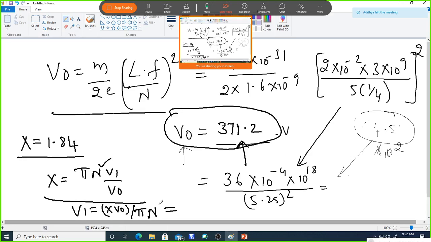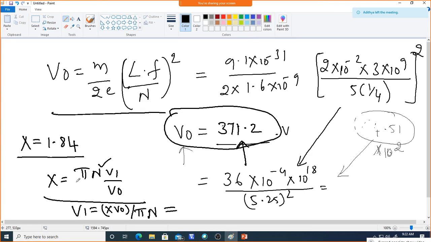This is the expression for the bunching parameter, which is equal to pi n V1 by V0. So V1 equals x V0 by pi into n. Now what is the value of V0?